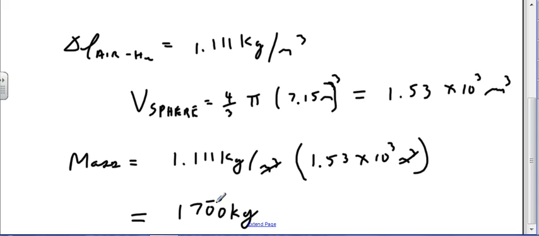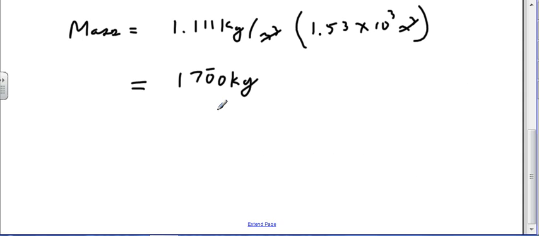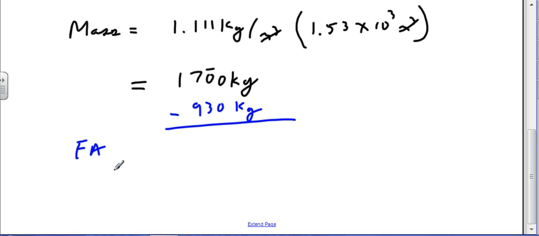But we forgot the mass of the balloon. Bummer. All right, so we'll have to subtract the mass of the balloon, which is 930 kilograms. And that would be the final answer, mass of cargo, could be 0.7 kilograms.